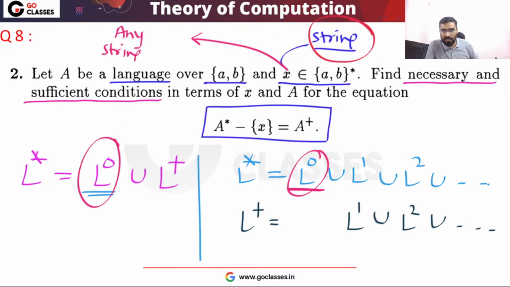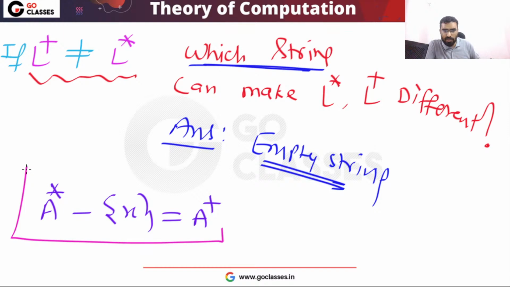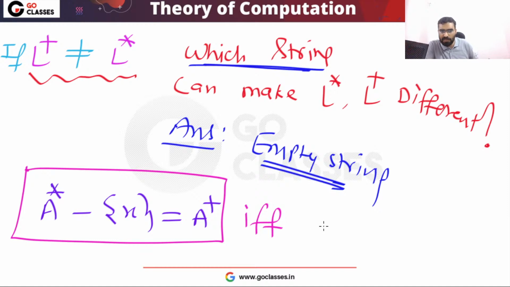No other string. Now the question is saying that a star minus x is equal to a plus. Then this can happen if and only if x is empty string, and x does not belong to a.